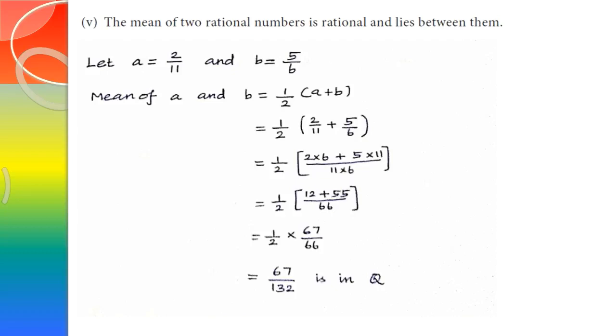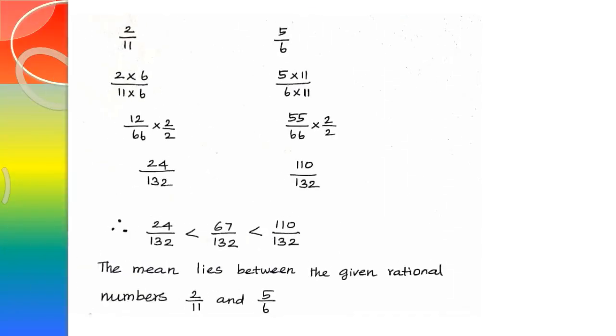Next, we check that it lies between them. 2 by 11 and 5 by 6. Cross multiply the values: 2 into 6 by 11 into 6, and 5 into 11 by 6 into 11. So the answer is 12 by 66 and 55 by 66.